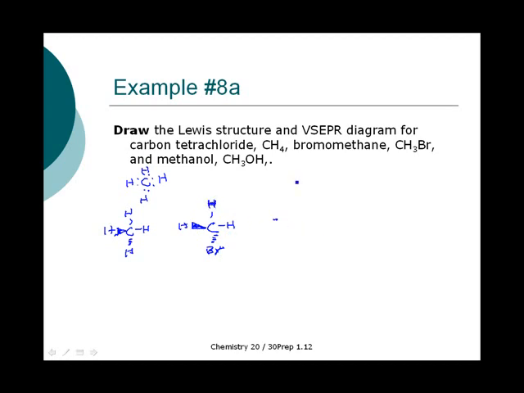And methanol isn't that much different. It has two centers, but really we're just replacing one of those tetrahedrals with a hydroxide group, an OH group. And so it has two centers, one's tetrahedral.